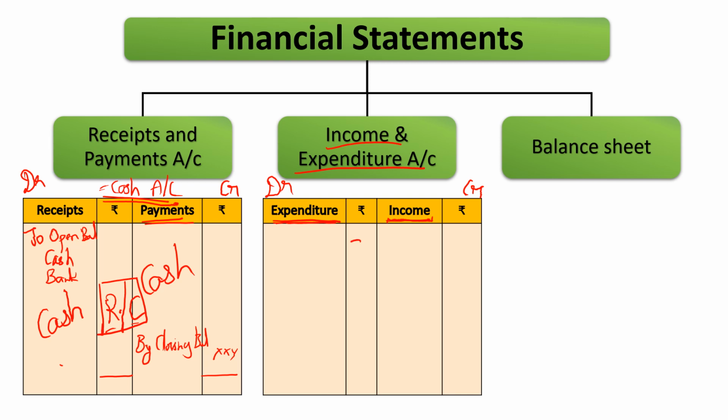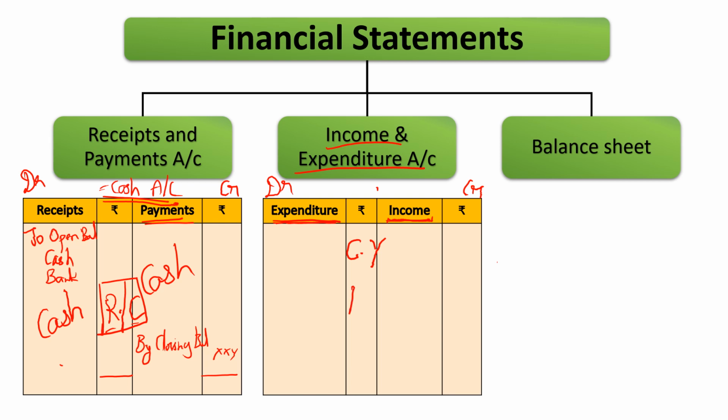Here we record only the current year transactions. For whatever year you are preparing the accounts, for the same year you will record the transactions. If any transactions are related to the previous year or next year, they will be excluded from the income and expenditure account.